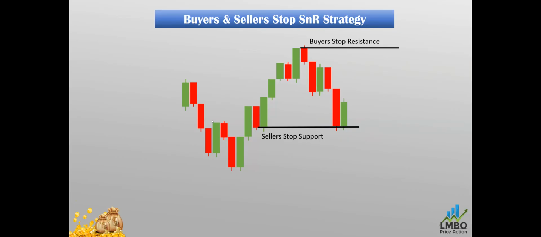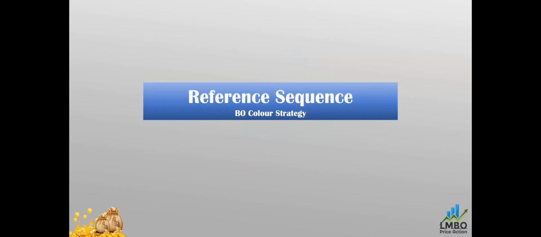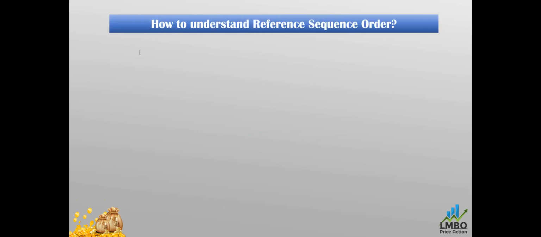Okay. Now the second part, when we understand it, we will get more opportunities. Let's understand. This is a reference sequence. I just changed the name. This part starts from when the sellers stop or the buyers stop. So after 4 candles or 3 candles or 5 candles, we get one single red candle. It shows that the sellers have stopped. When sellers stop, it is possible they immediately start again.